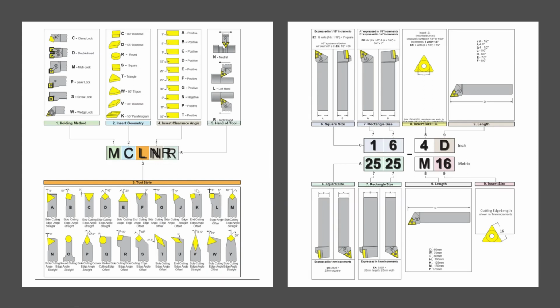So, designation of tool holder. Here there are 9 characters which we can see one by one: M, C, L, N, R, 25, 25, M16 or 1640. This is in inch and this is in metric.